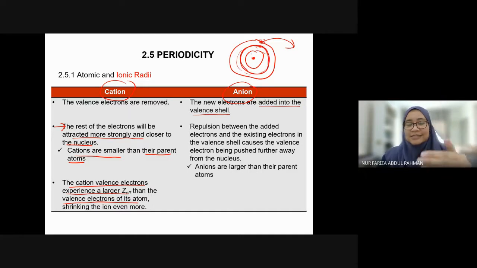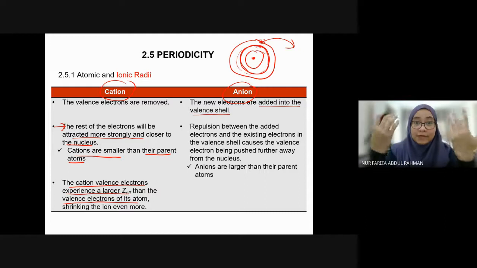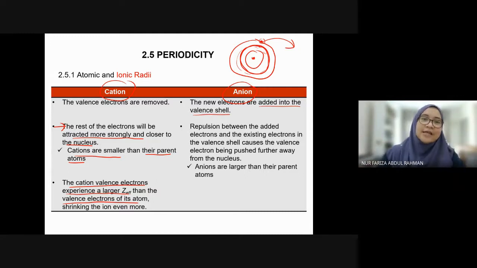The next shell will become the valence shell. See? Because the original electron has gone out. So the next shell will become the outermost shell. So electrons there will become the outermost electron, the new valence electron.